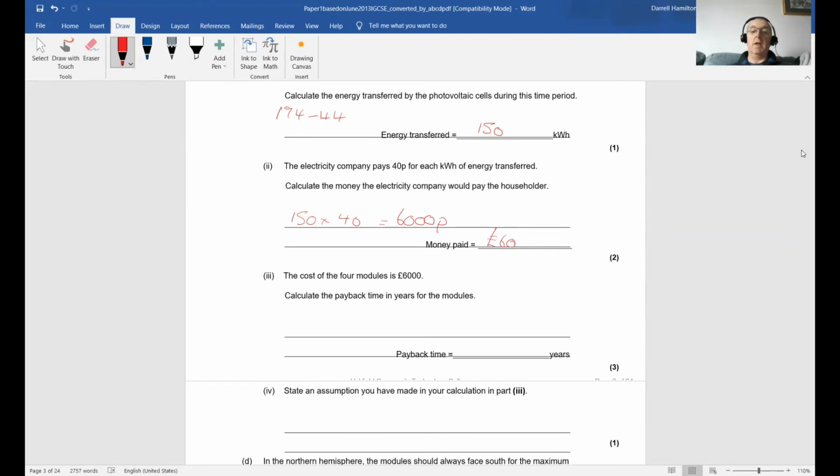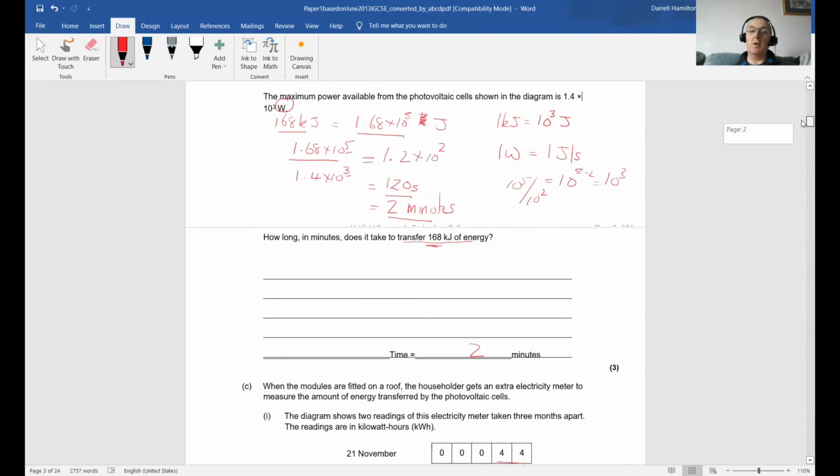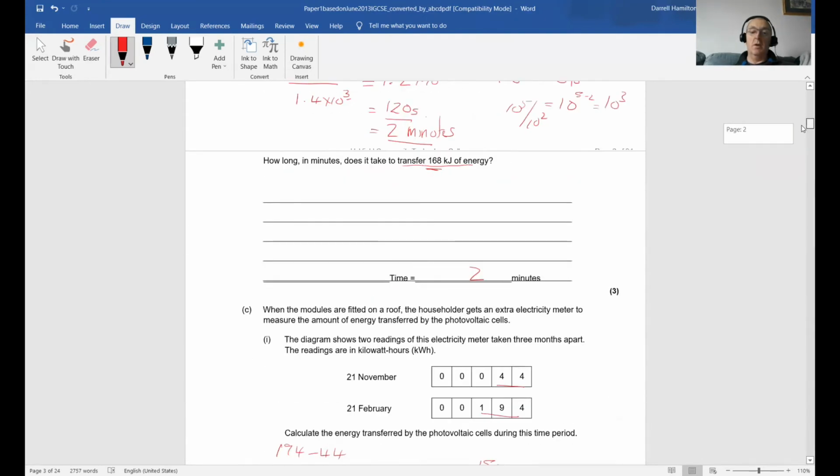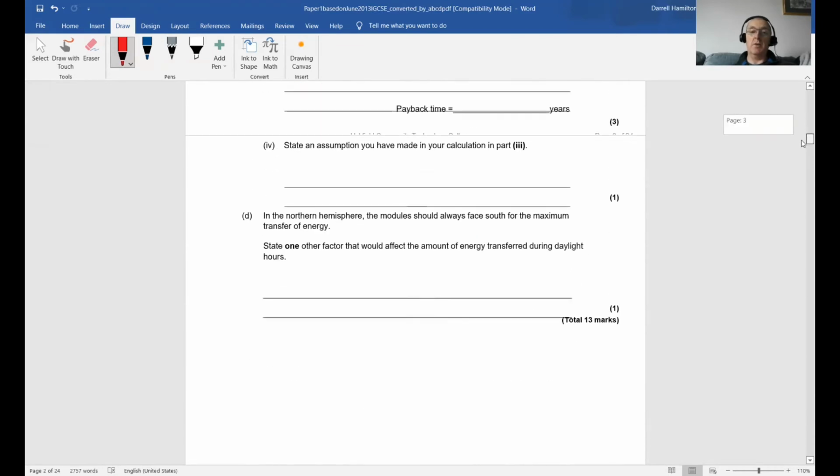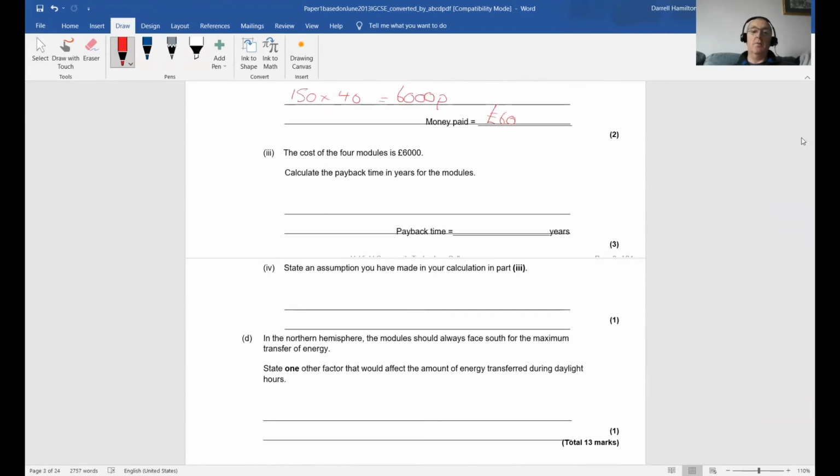Well, if you're going to make £60 in 3 months, I think those readings were 3 months apart. There they are, 3 months apart. So £60 in 3 months means you'd get £6,000 in 300 months, because 6,000 is 100 times 60.